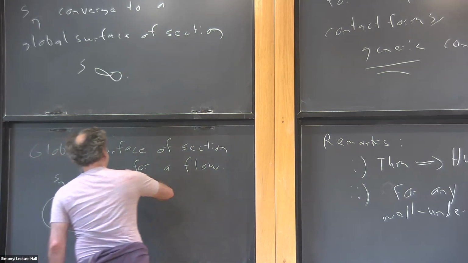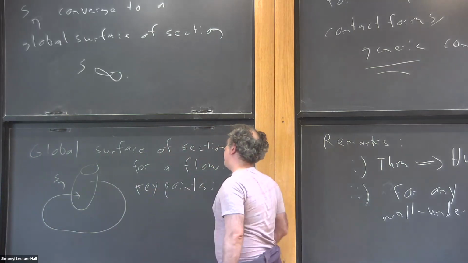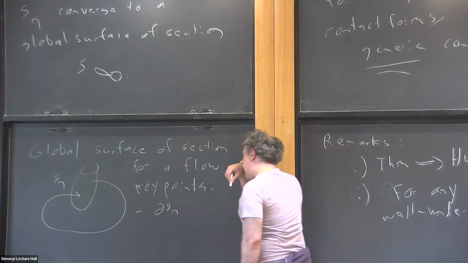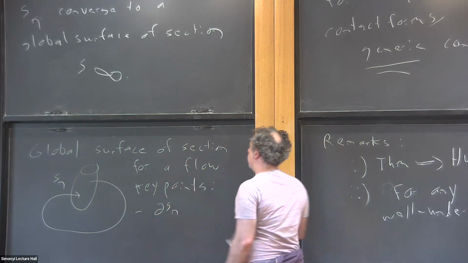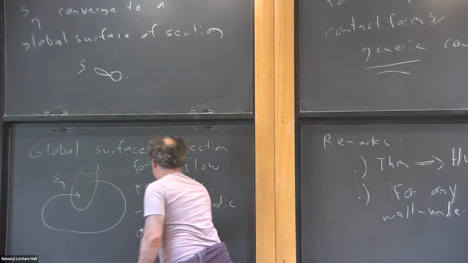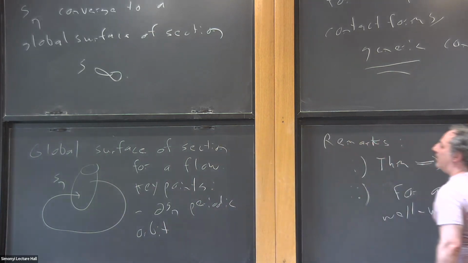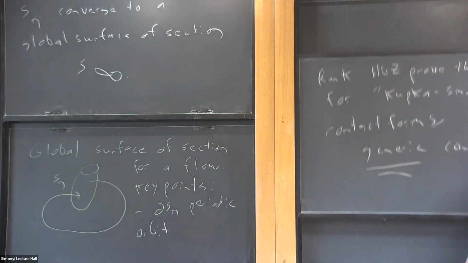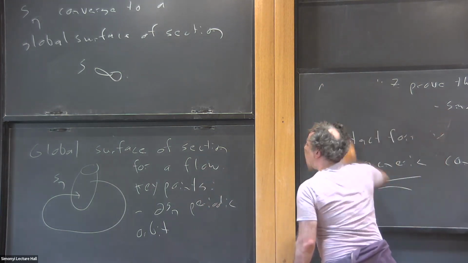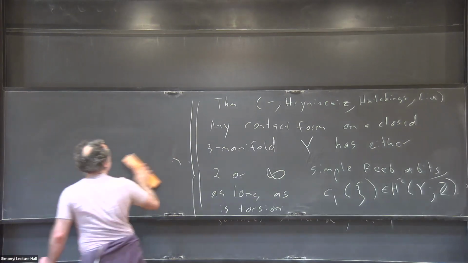So the key points are: the boundary of S_n is a periodic orbit. And then another important point is every flow line hits the global surface of section forwards and backwards in time.